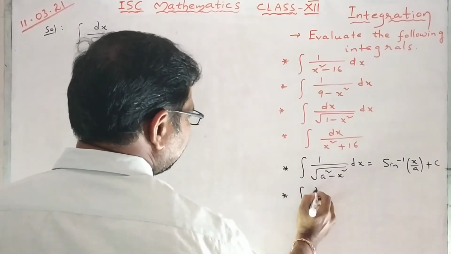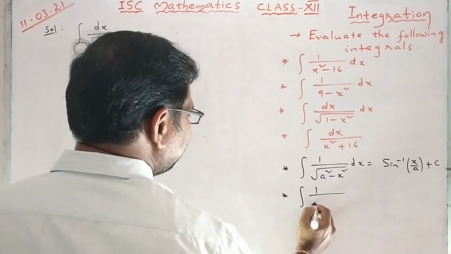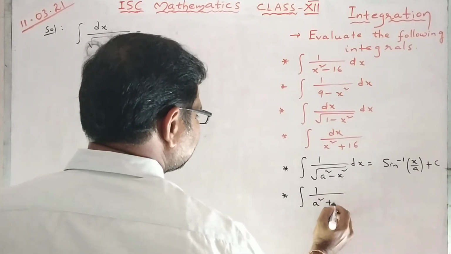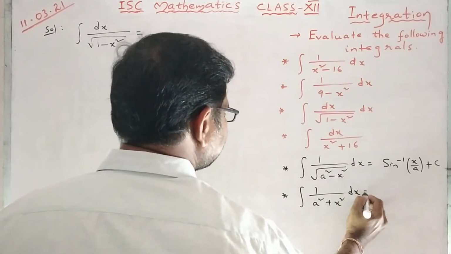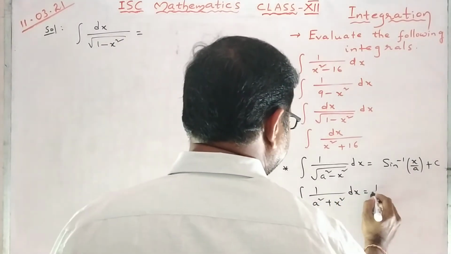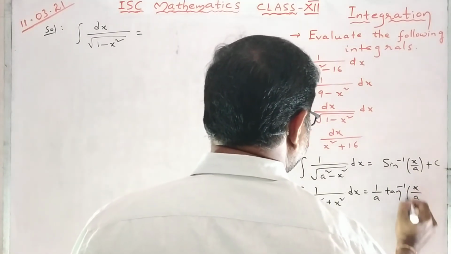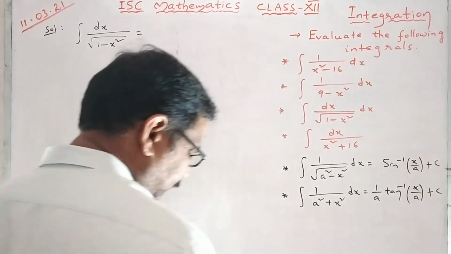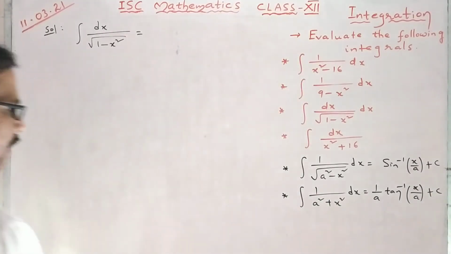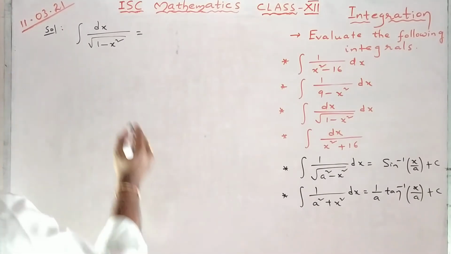Similarly, integral 1 by a square plus x square, or x square plus a square, no problem. This can be 1 by a tan inverse of x by a. The last problem can be done by using this formula.